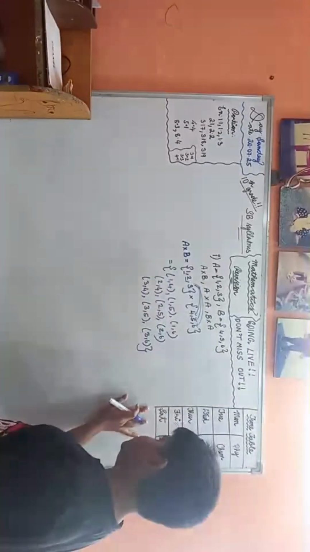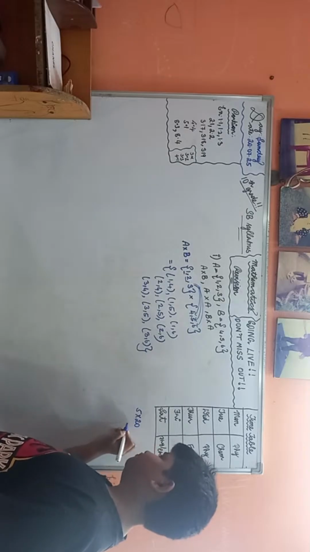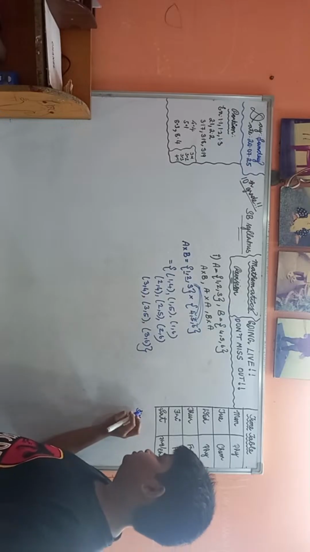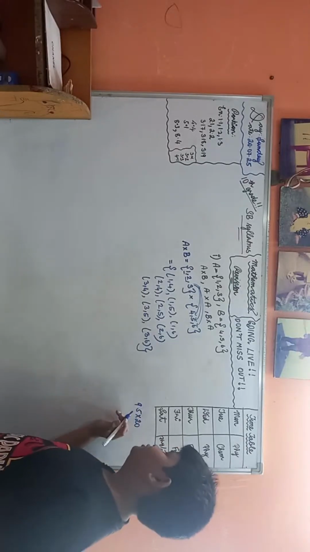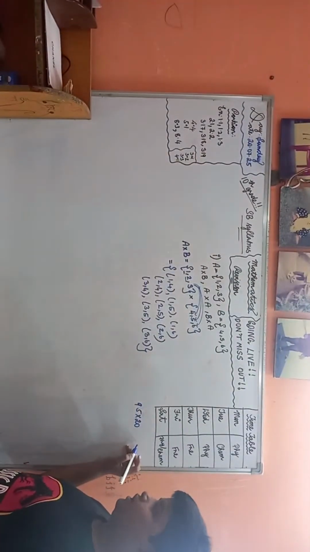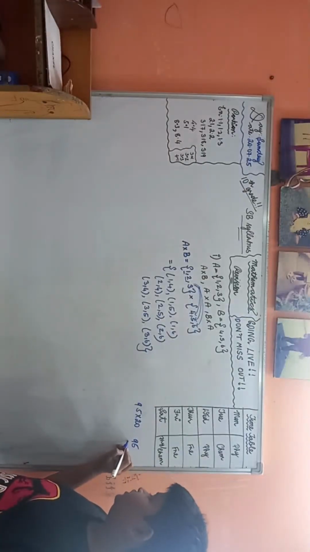So let me ask you a simple question, guys. If they ask you to find 5 into 20, which number do you multiply first, the first number or the second? Everyone would multiply the first number, then the second number.